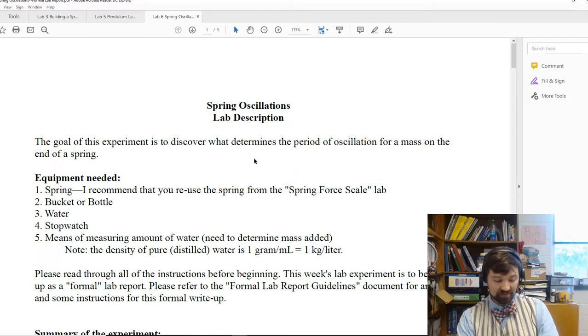Because I'm in a smaller space here with this camera, I'm not trying to duplicate the spring and masses that you used for the Hooke's law lab, but you should already have a spring and some mass system in place, and I would suggest that you just use what you used for that week so you don't have to go track down another spring.